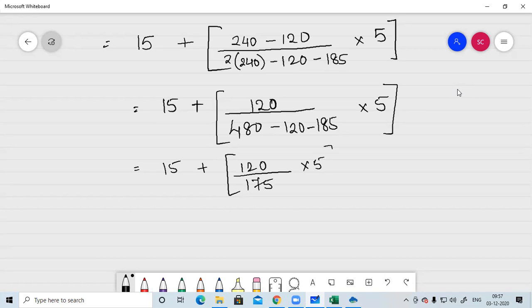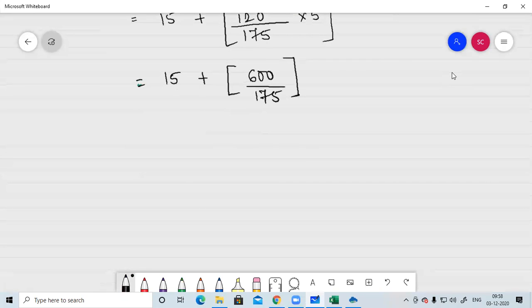Now, as I said, multiplication, first you do this, multiply 120 into 5. So 15 plus 600 divided by 175. So the answer here will be 15 plus 3.42 or 43, preferably 43 because it is 3.428.